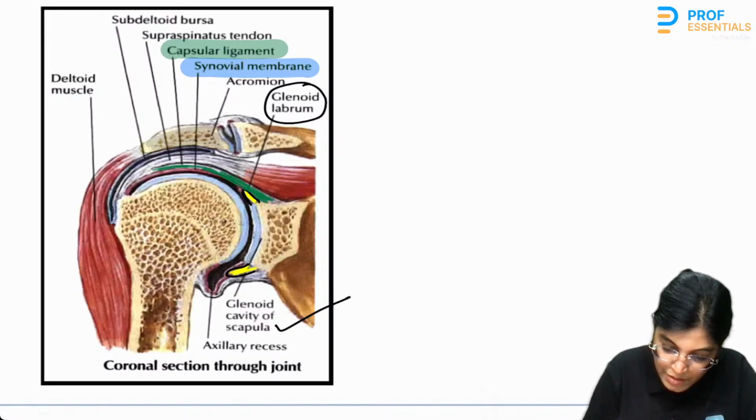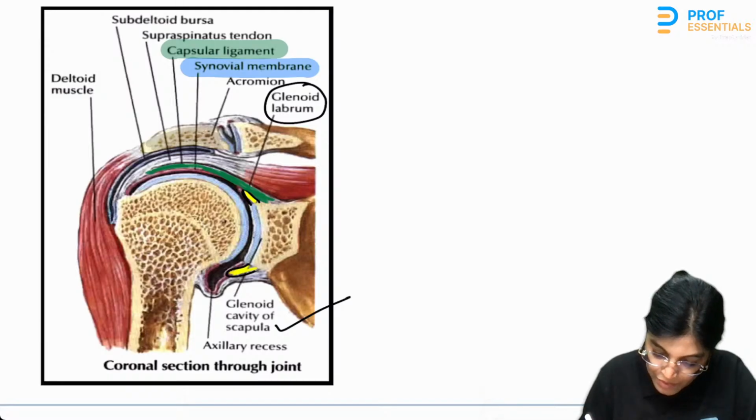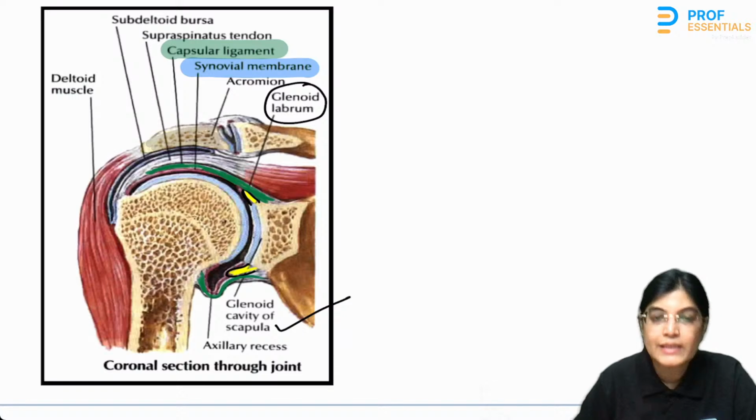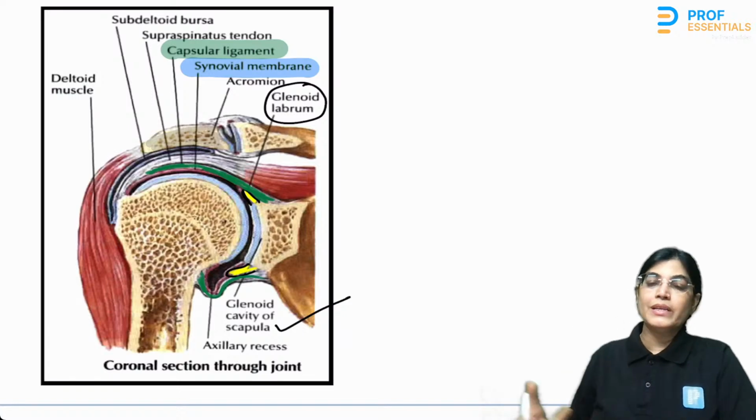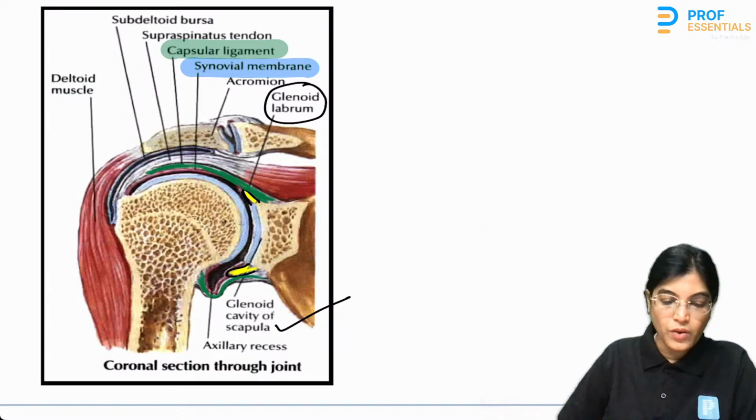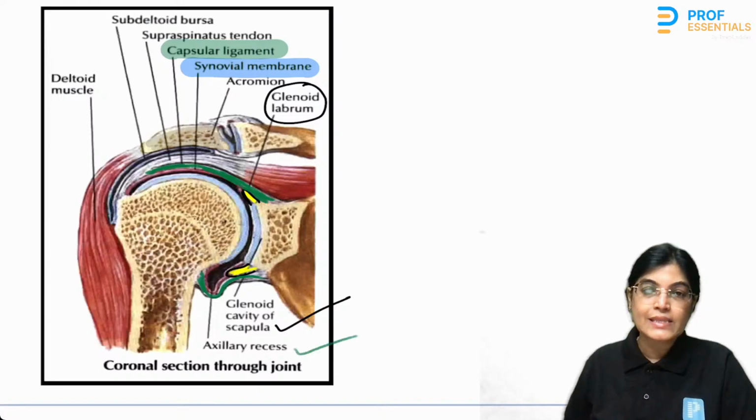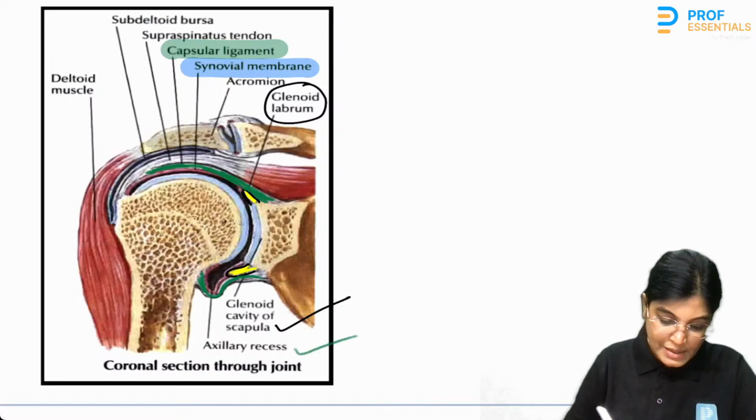This is exactly the fibrous capsule. On the lower aspect, it is descending slightly lower down, so only inferior dislocations are common in the shoulder joint. We can see the axillary recess here and the surrounding muscles.